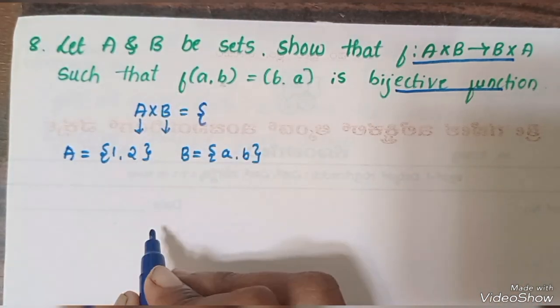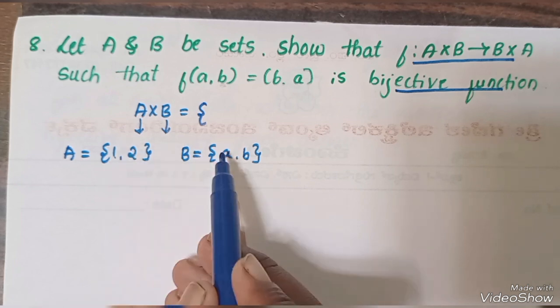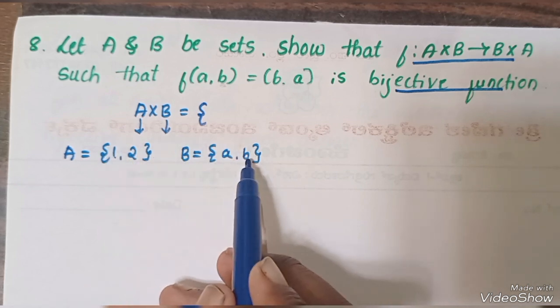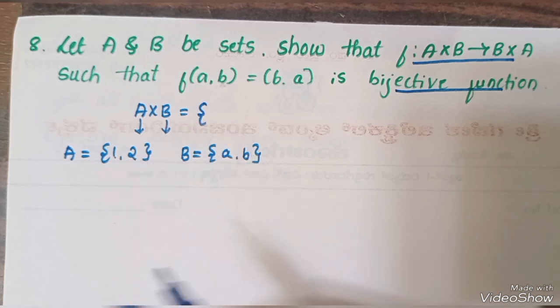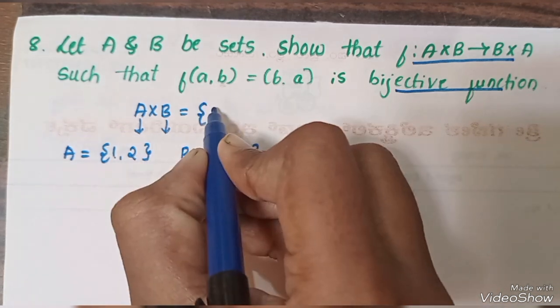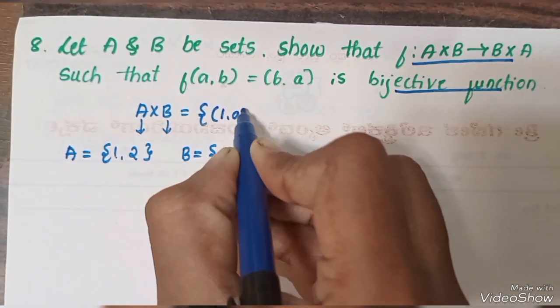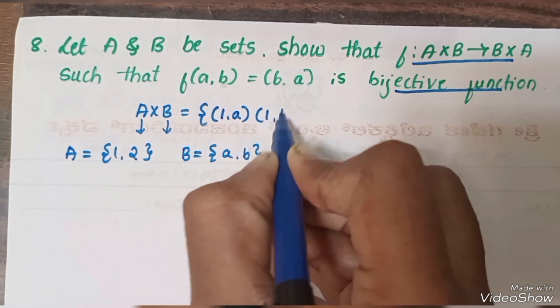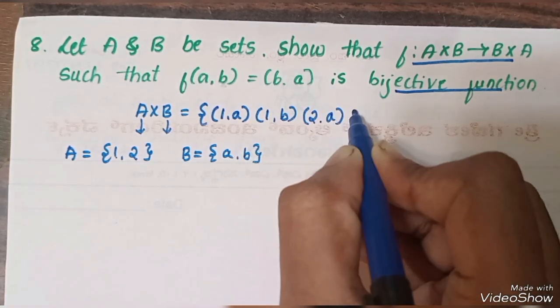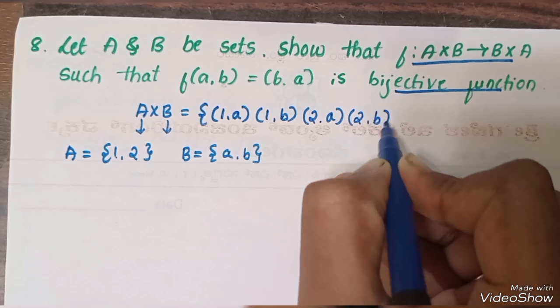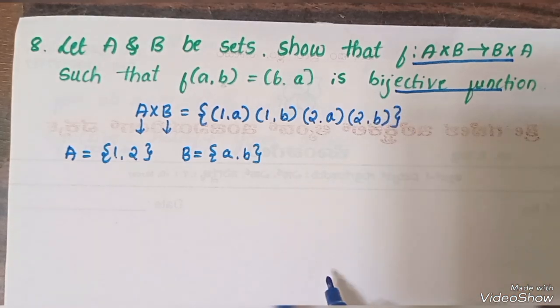The Cartesian product of A cross B is equal to 1 is related with a and 1 is related with b. Again 2 is related with a and 2 is related with b. That is 1 comma a, 1 comma b and 2 comma a, 2 comma b. This is the Cartesian product of A cross B.